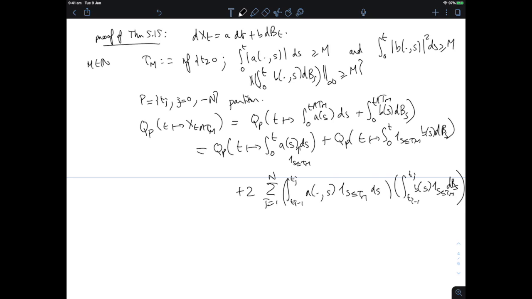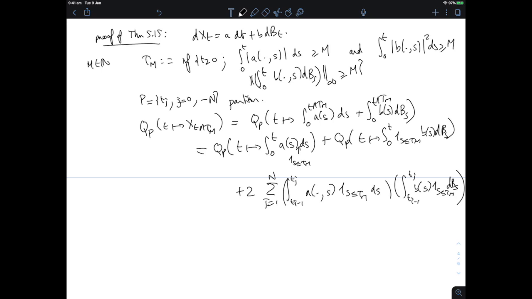Okay, now I know what happens to the first term. It goes to 0 as you refine the mesh size. I know what happens to the second term. It goes to the integral of bs squared up to the stopping time. And I really would like these cross terms to go to 0. And they do, because I can apply the Cauchy-Schwarz inequality.